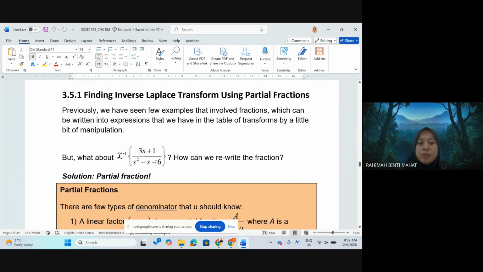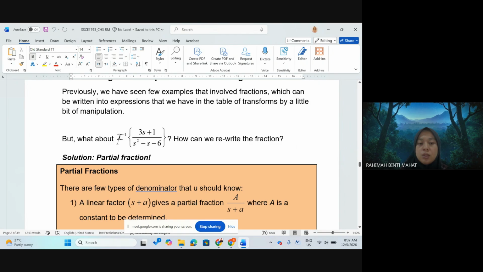However, for this question, the inverse Laplace of 3s plus 1 over s square minus s minus 6, how can we rewrite the fraction? If you compare the form of this equation with the table or any Laplace formula, it is not similar to the basic form. So how do you want to solve this one?